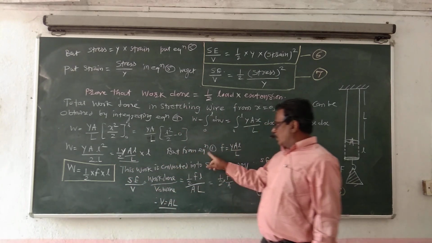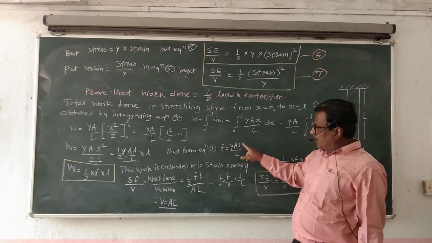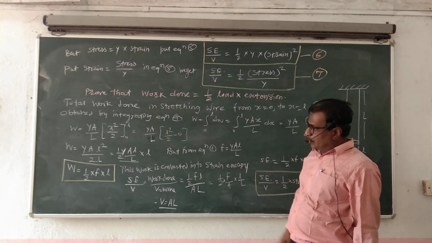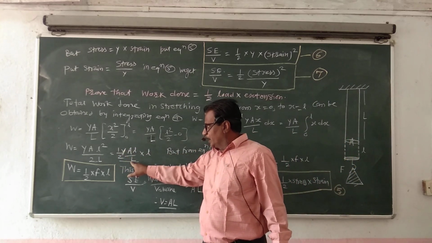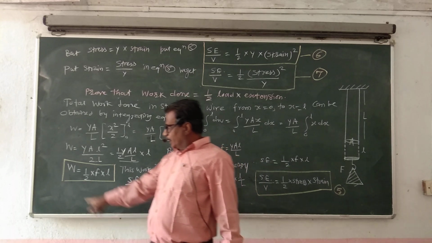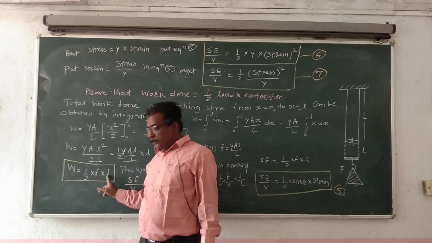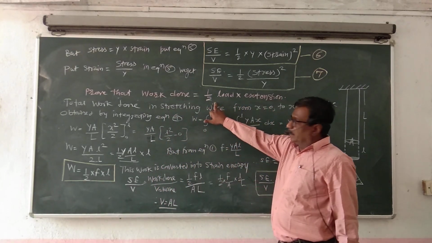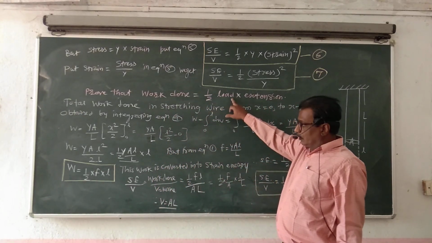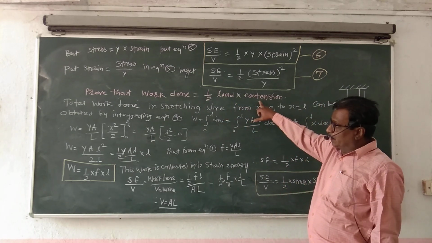But we know from equation number 1 that F is equal to YAl upon L. So substitute this value here. YAl upon L is equal to F. We get work done equal to half F into l. Here F is the load and small l is the extension.